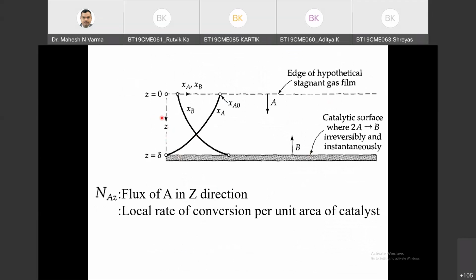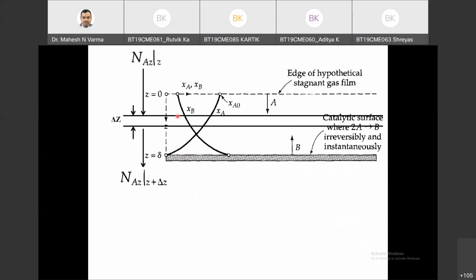We are taking a material balance in the differential shell. Is the reaction happening in this differential shell? The reaction is happening at the surface. So there is consumption, or consumption and appearance, of B at the surface.